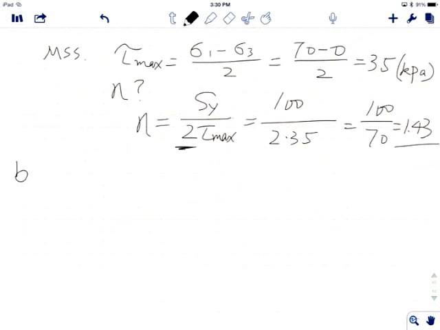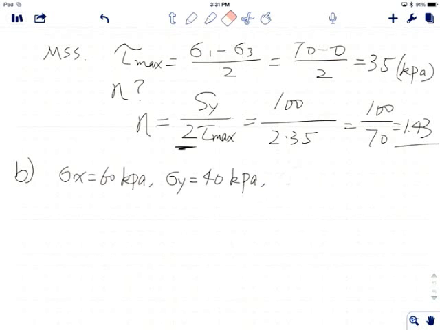All right, for question B. Question B is a little interesting. Why? You have X equal to 60 kilopascal, Y equal to 40 kilopascal, and you also have shear stress equal to negative 15 kilopascal.